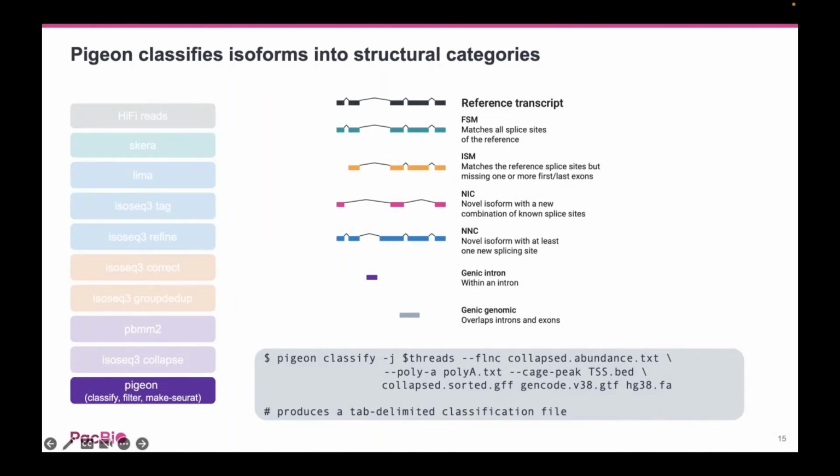This requires a smattering of different reference files. The ones that we are particularly interested in are the abundance of each molecule, a list of poly-A motifs, as well as a bed file of CAGE peak positions to determine how reliable our 5' and 3' ends are. And this will produce a tab delimited classification file.